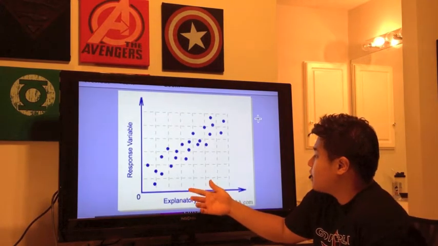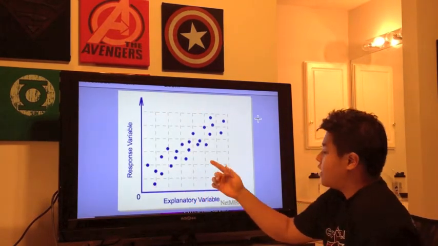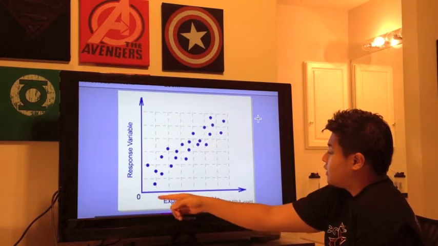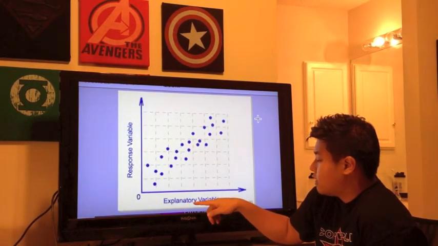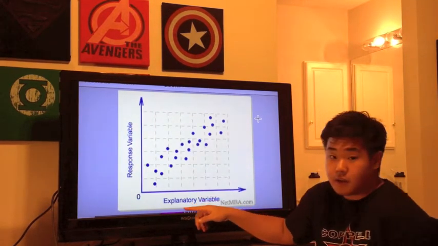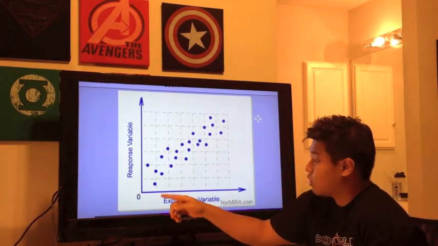And so this right here is our first scatter plot, and on the x region right here it shows the explanatory variables. Explanatory variables are always on the x and response variables are always on the y.